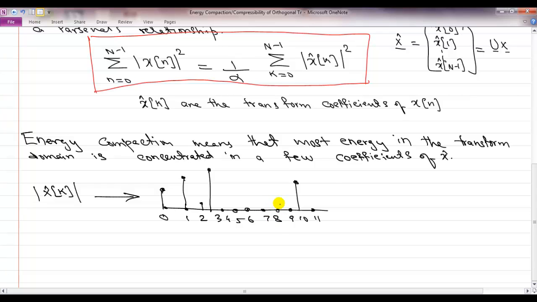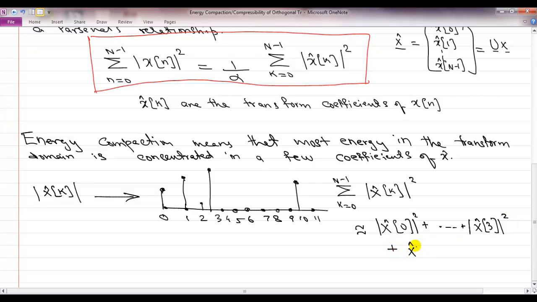Now this is an extreme case. It could be that the other coefficients are very small. But effectively, if I look at the energy in the entire transform domain, the sum of x hat of k squared is approximately equal to, in this case exactly equal to, x hat 0 squared plus up to x hat 3 squared plus x hat 10 squared.